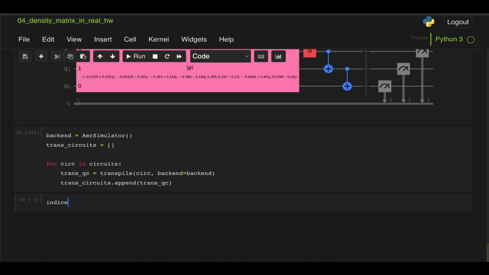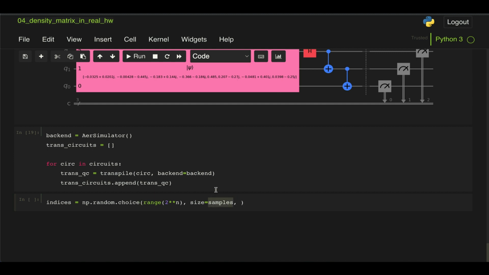So I'm going to create this list of indices by using this NumPy random choice function. And here, since we have 8 circuits, I'm going to sample from the numbers 0 through 8. And the size of this list of indices is going to be the number of samples, or the number of shots, that we want to run this whole circuit.